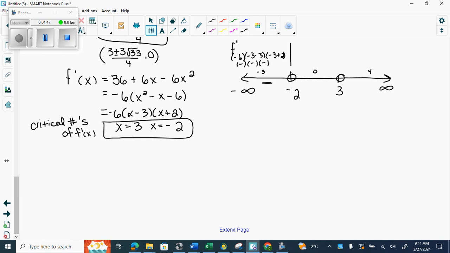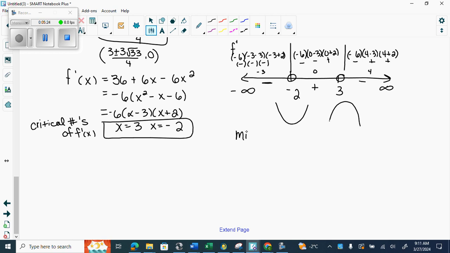Okay, then this one, I do negative 6 times 0 minus 3 times 0 plus 2, which is a negative, a negative, and a positive, which gives me a positive. And then I do negative 6, and then 4 minus 3, and then 4 plus 2, which gives me a negative, a positive, and a positive, which gives me negative. So I have decrease to increase, increase to decrease.